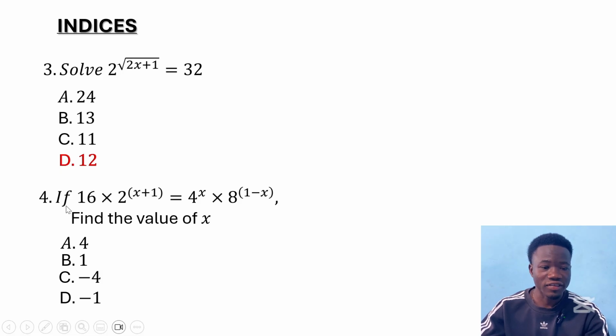The next question is, if 16 times 2 exponent x plus 1 is equal to 4 exponent x times 8 exponent 1 minus x, find the value of x. So this is very long when you are solving it. Alright, so we are going to use the calculator to deal with that.